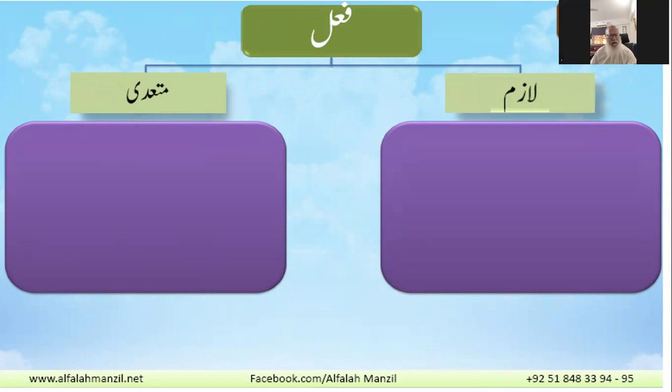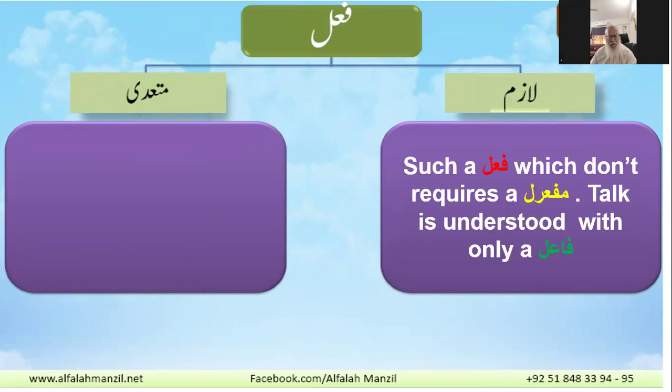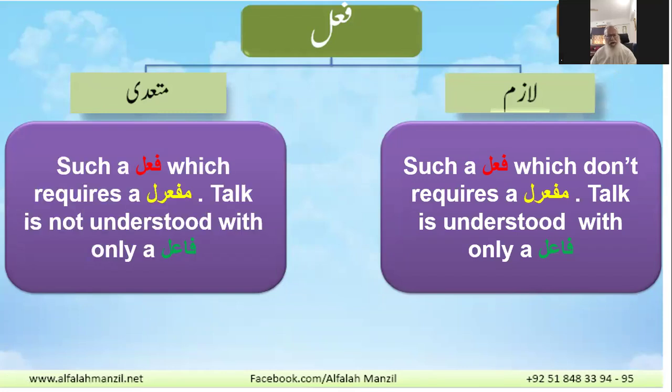Lazim and muta'addi. Lazim is such a verb which does not require a maf'ul. The sentence is understood with only a fa'il, just like jalasa, dhahaba, raja'a. And muta'addi is such a verb which requires a maf'ul. The sentence is not understood with only a fa'il, just like qatala, akala, daraba.